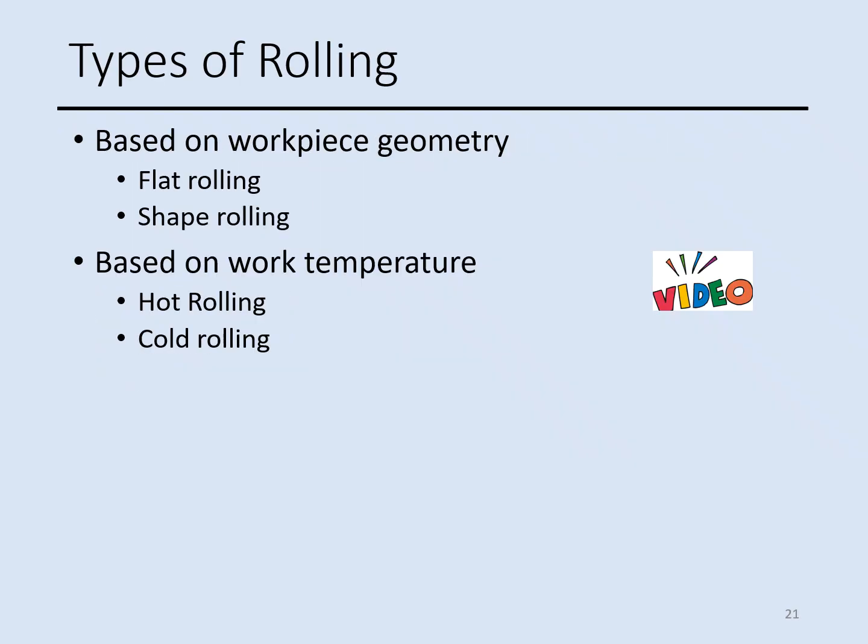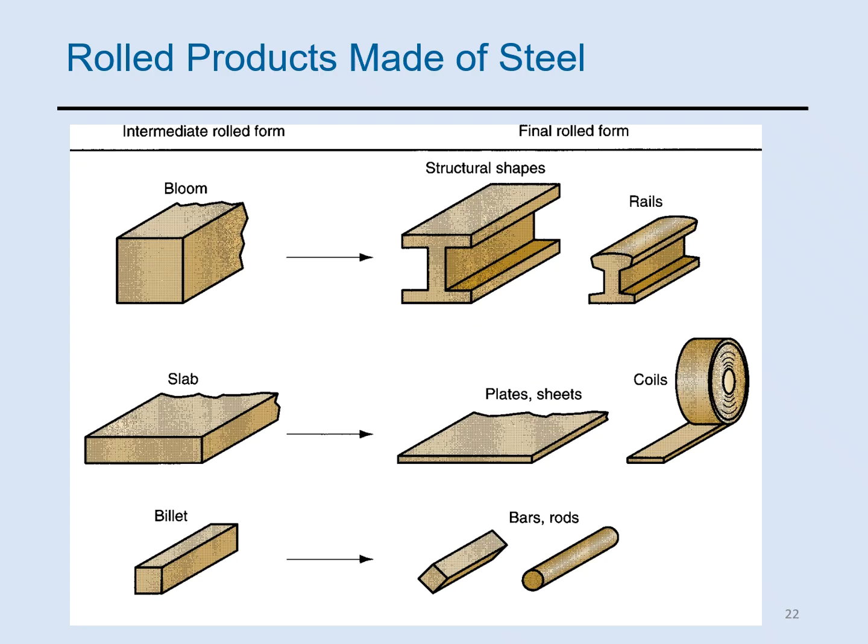The rolling processes, we have various types depending on the workpiece geometry. It can be flat rolling, it can be shape rolling, and based on the work temperature, we have two types. We have hot rolling and we have a cold rolling process. Here are some examples, rolled products made of steel.